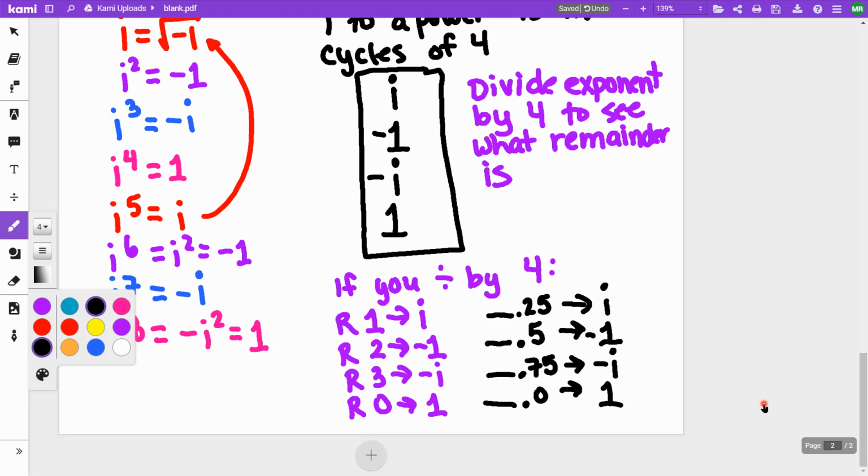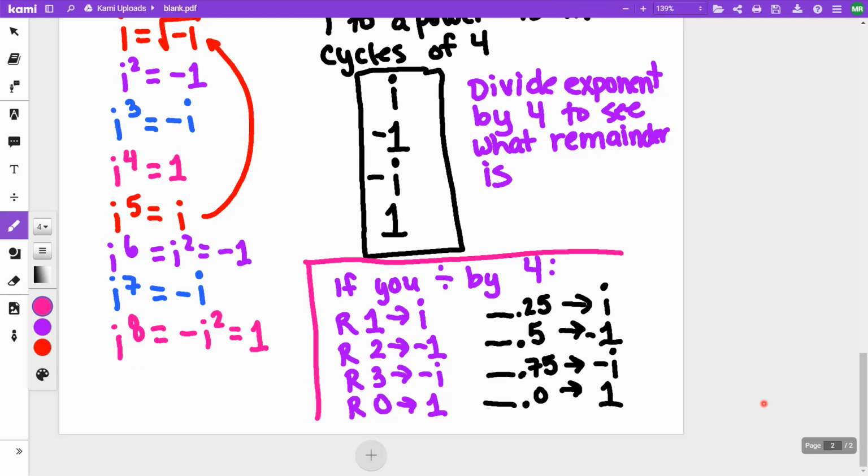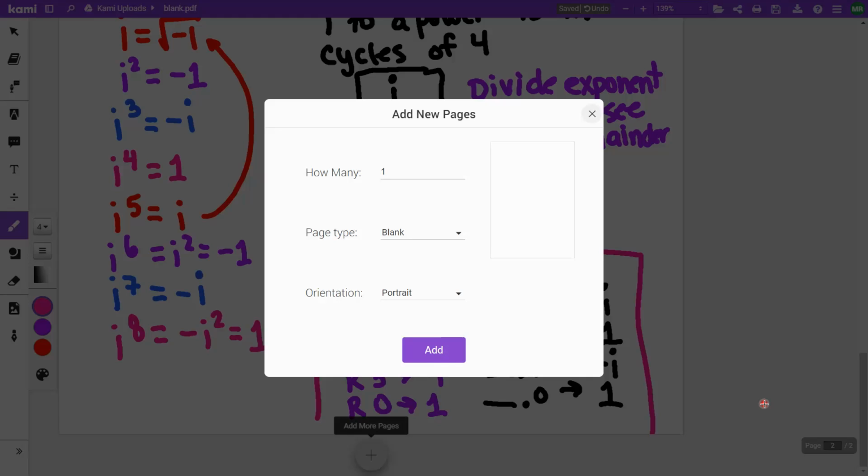Okay. Now I am going to give us a couple of examples. I'm going to add a page.